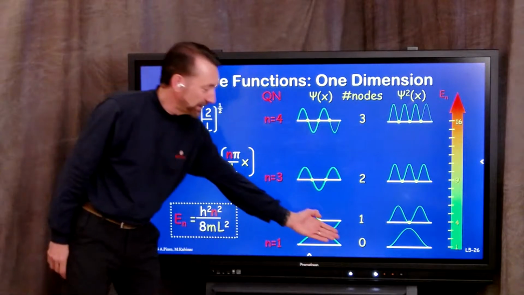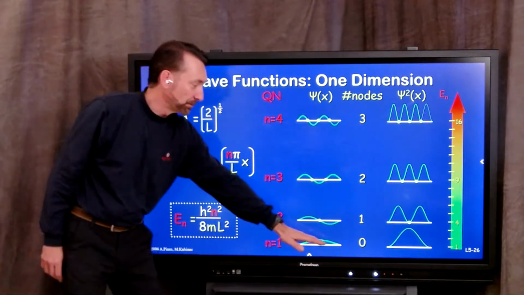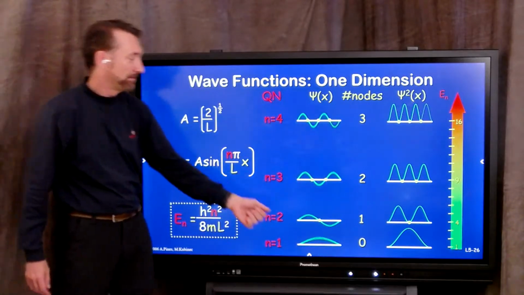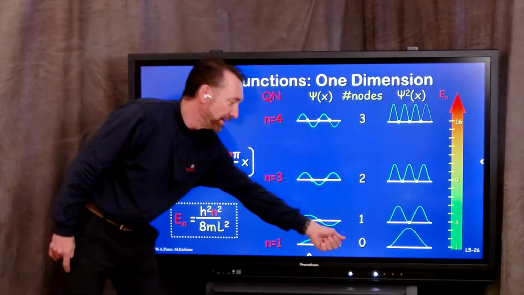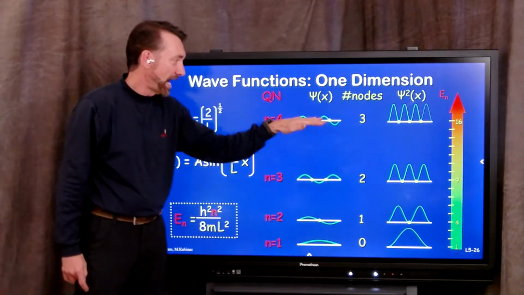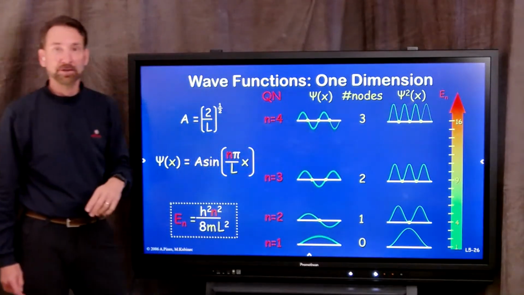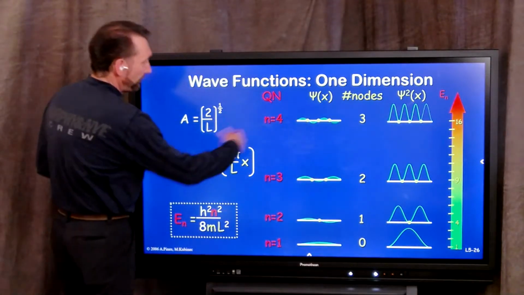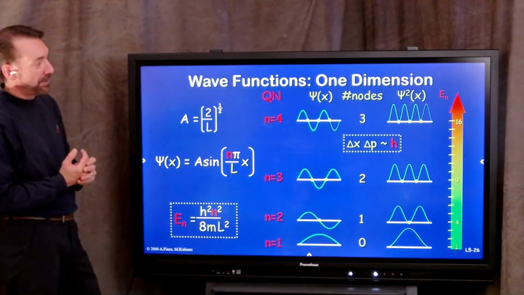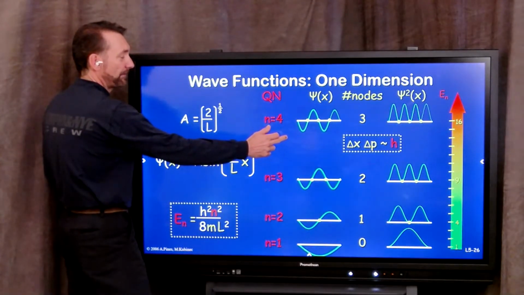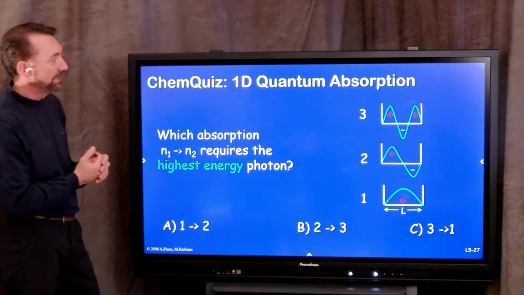You also notice that the number of nodes correlates with the energy, because n going up means energy is going up, and nodes go up with n. So these are higher energy, more nodes. Those are factors of the wavelength, factors of standing waves that lead to quantization.